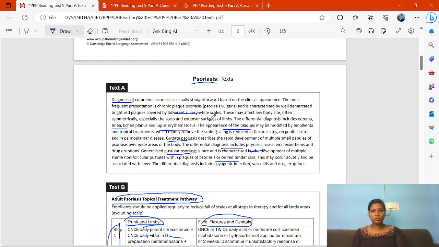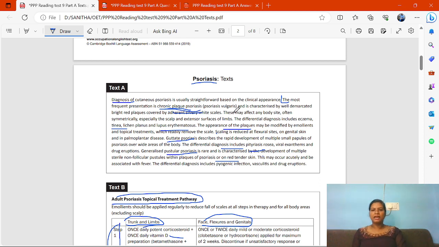Chronic plaque psoriasis. Here we have chronic plaque psoriasis, okay. From here we are getting some point. The most frequent presentation is chronic plaque psoriasis. We got the keyword here. We have to read from here.